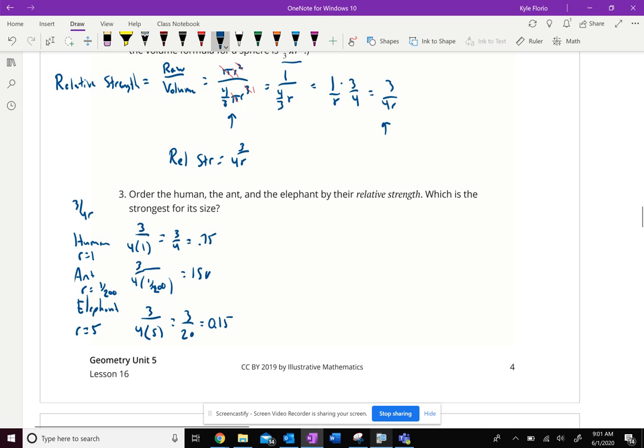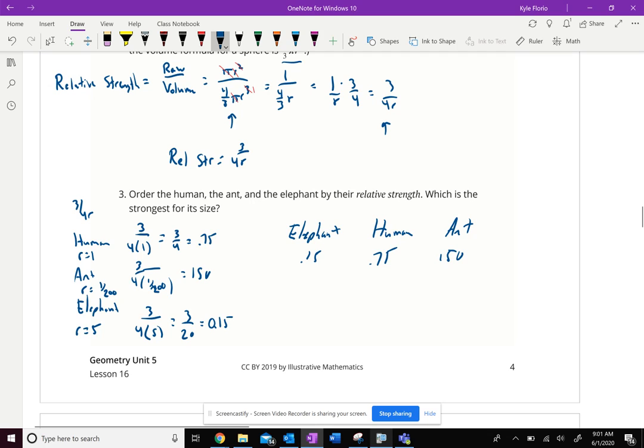So from least to greatest here, the elephant is the weakest relatively. For its size, its strength is only 0.15. The human, his relative strength is only 0.75. And then the ant, even though it's small, for its size, its relative strength is 150.